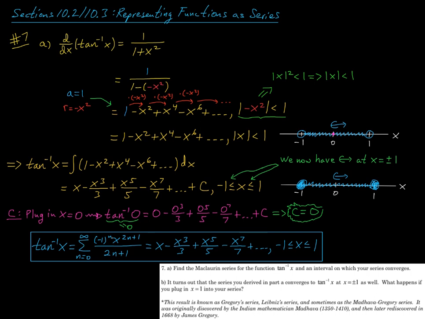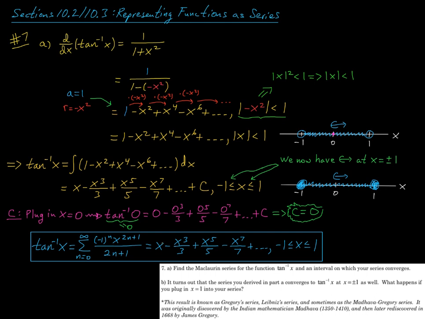Here I'm summing negative 1 to the n, that gives me the sign alternation. And note I'm starting the index here at n equals 0. And now for the denominators, these are the positive odd integers, 1, 3, 5, 7, and so on. So I need a 2n plus 1 down here. And then the exponents, those are also the positive odd integers, 1, 3, 5, 7, and so on. So I have a 2n plus 1 up there.